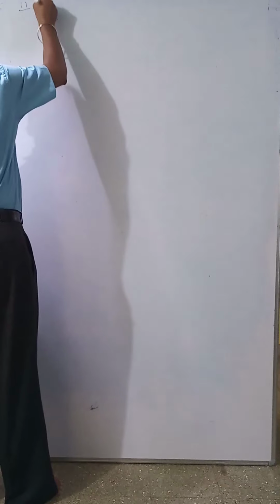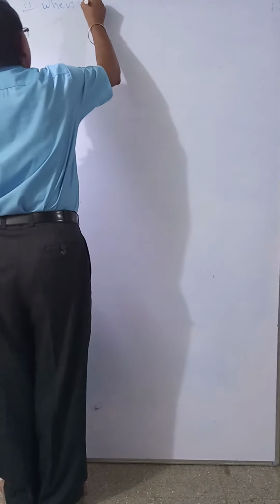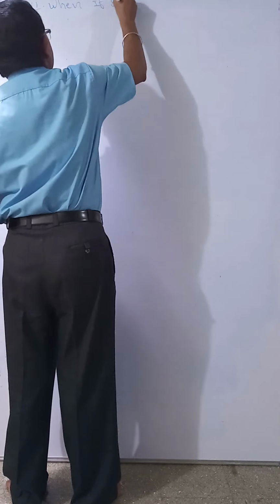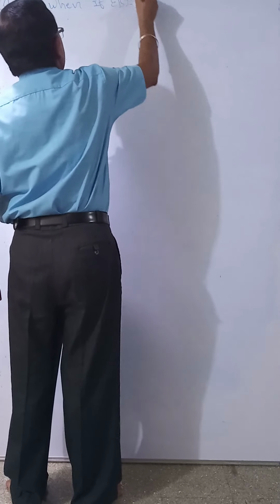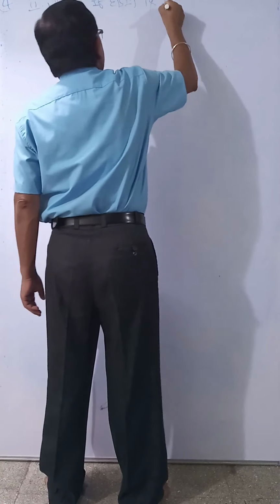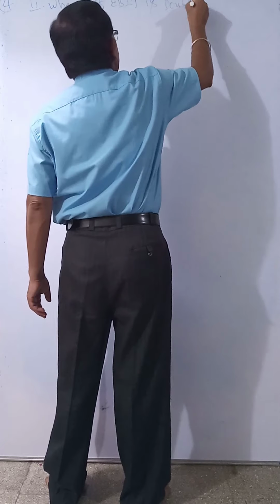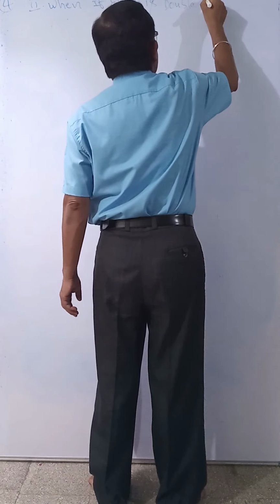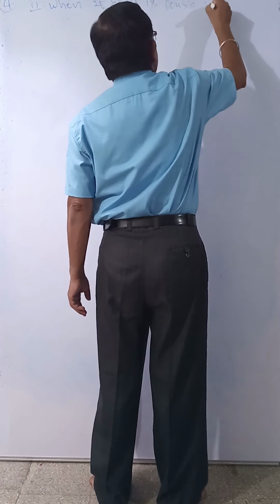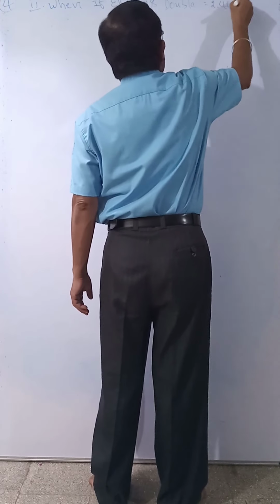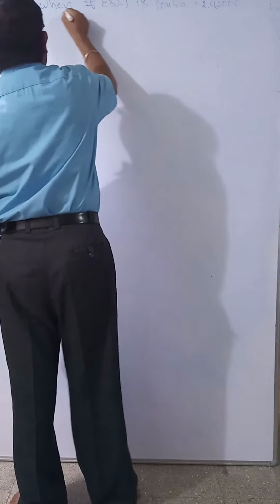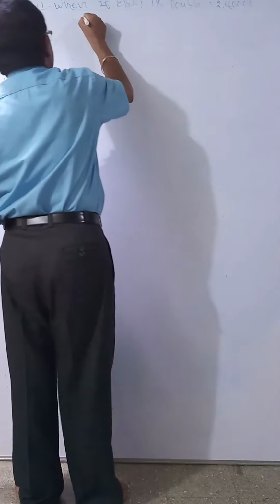Second, if EBIT is doubled, that means 1,20,000 plus 1,20,000, which is 2,40,000. So how to calculate EPS?